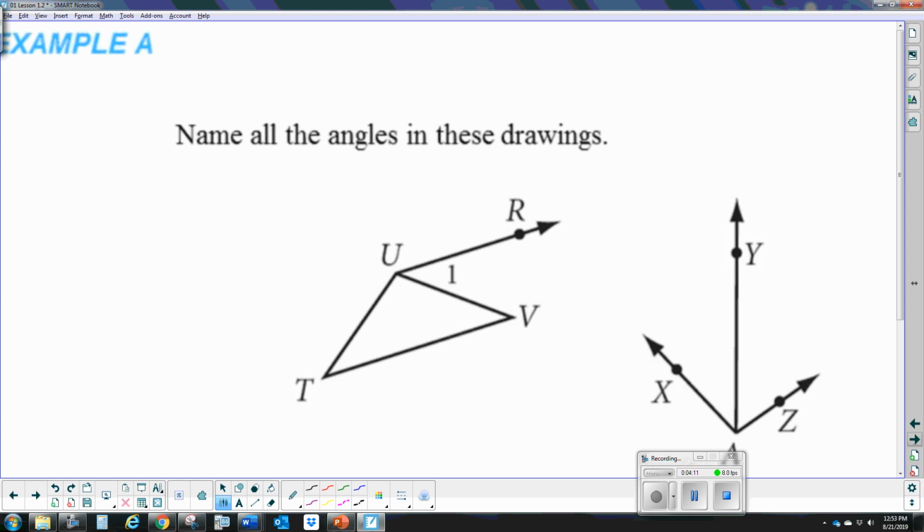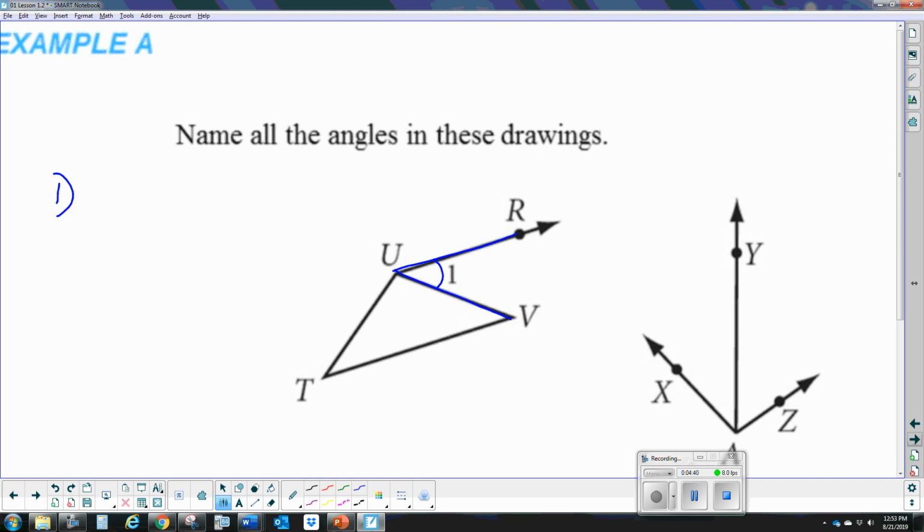So if you look at the next couple diagrams, it asks you to name all of the angles in this drawing. So I'm going to go through and name all of the angles, and some of them have more than one name. The first angle that we're going to talk about is right here. This angle is made up of ray UR and UV. In this diagram, UV is a segment.